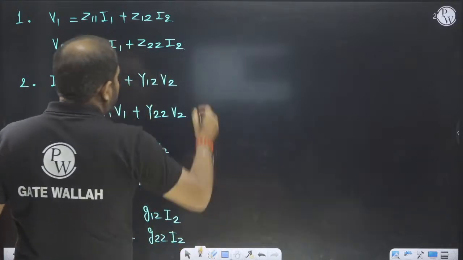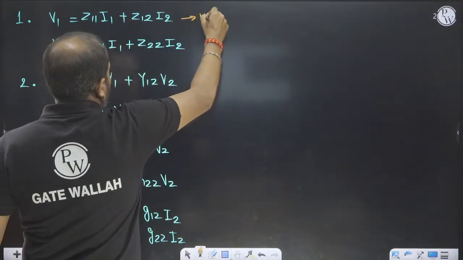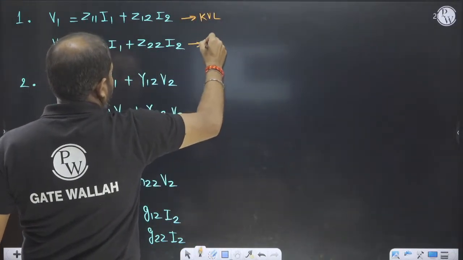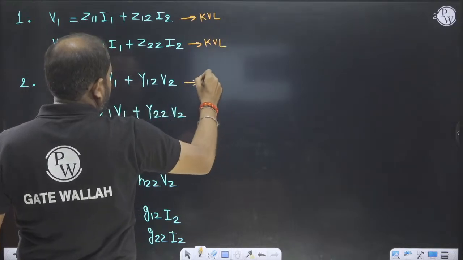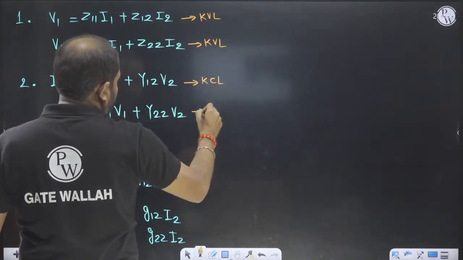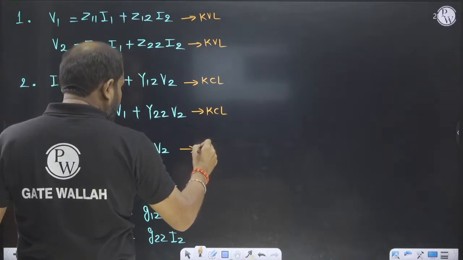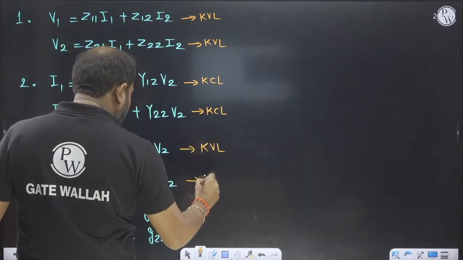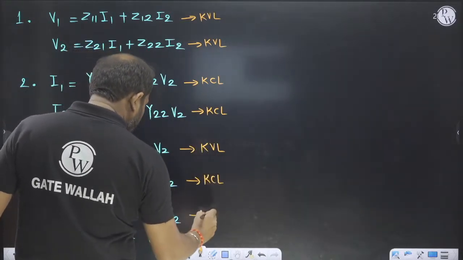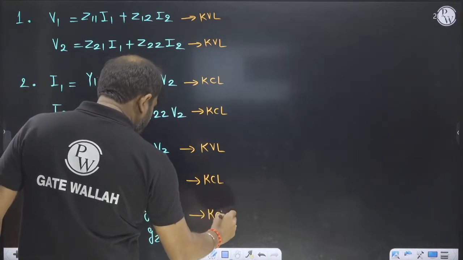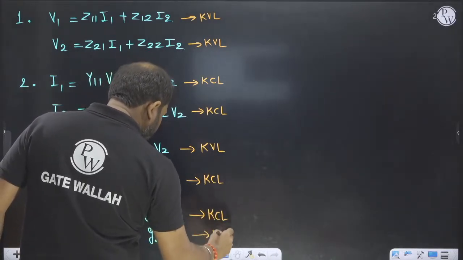First one is KVL, KVL; then KVL, KCL; KCL, KCL; and this one is KCL and KVL.